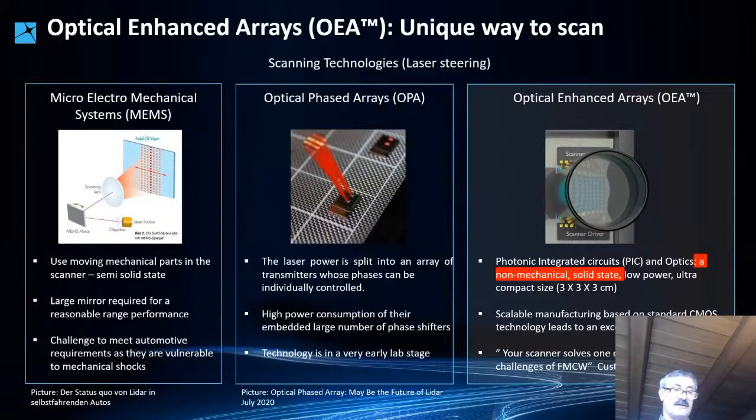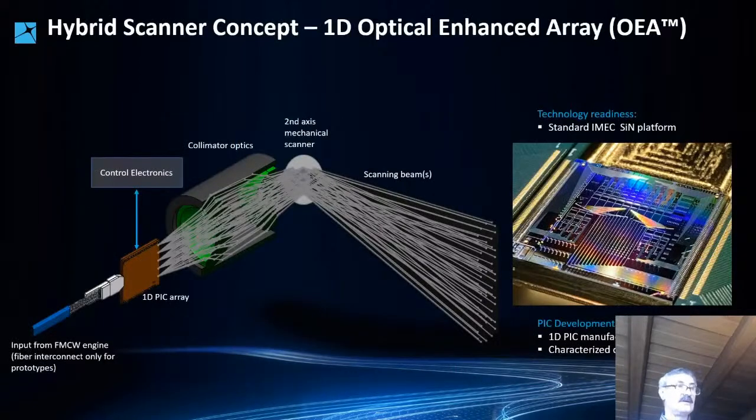And in that case, of course, we need to have an additional mirror to provide a two-dimensional scan. On the left side, the 3D model of the 1D scanner is shown. As I already mentioned, the scanning principle is fully solid state.